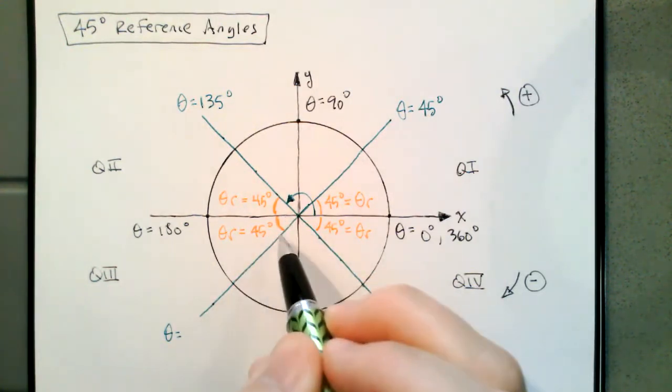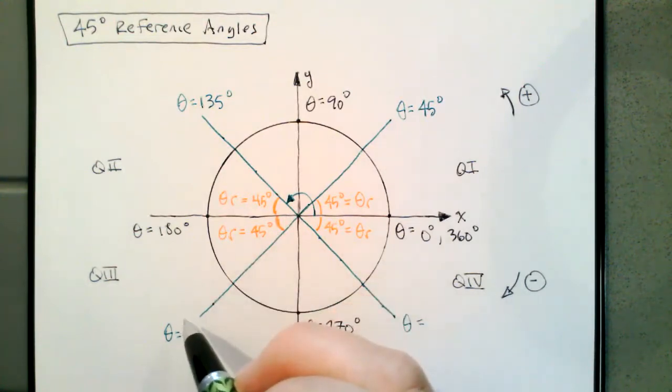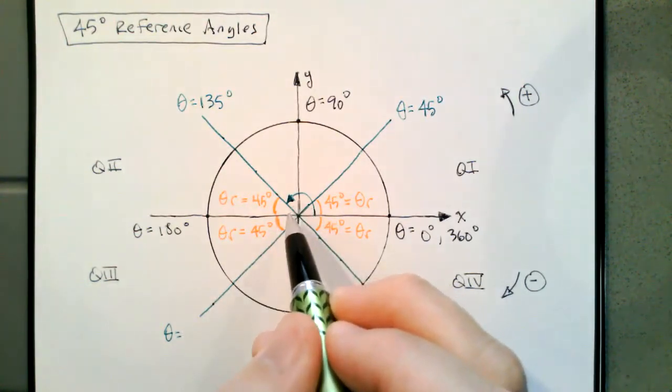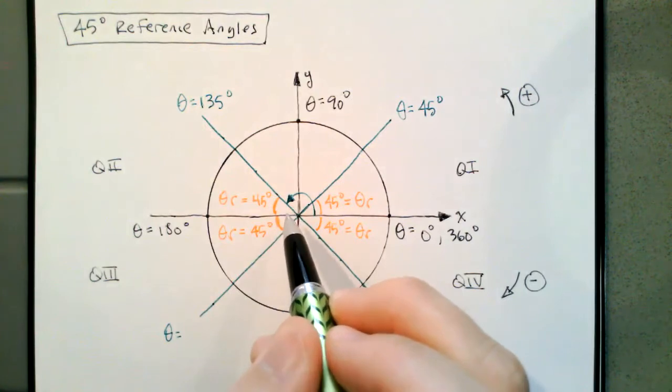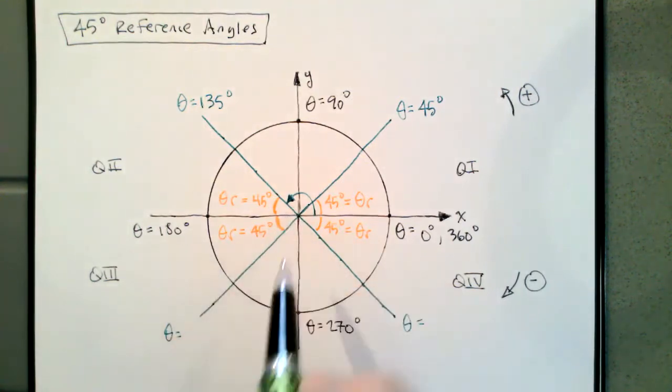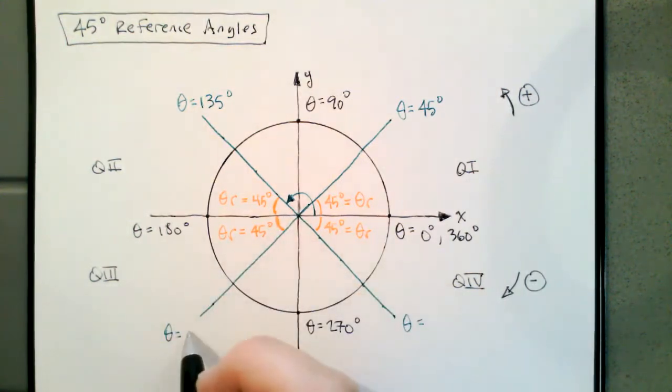So 180 plus 45 is going to be a 225-degree angle. So a 225-degree angle has a 45-degree reference angle in quadrant 3.